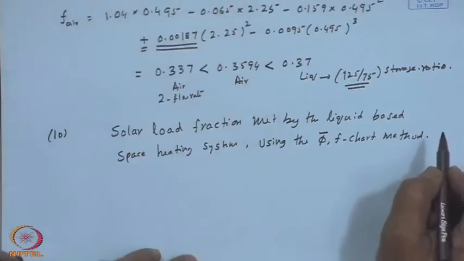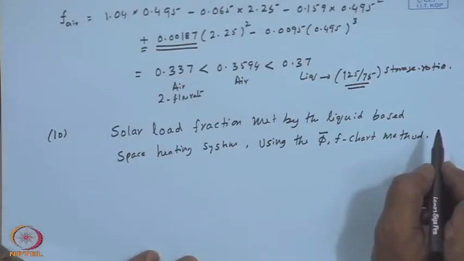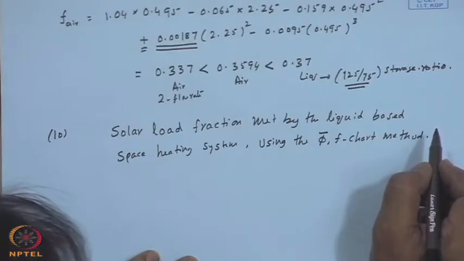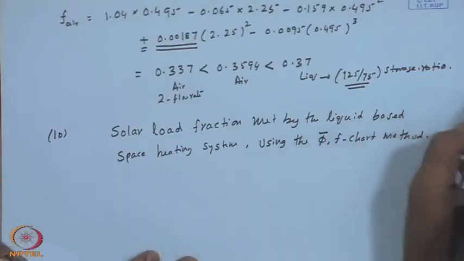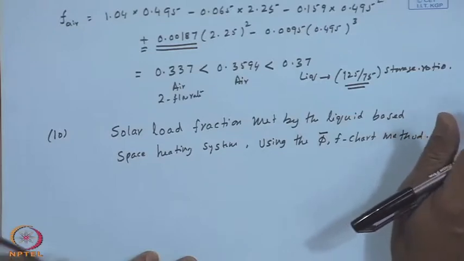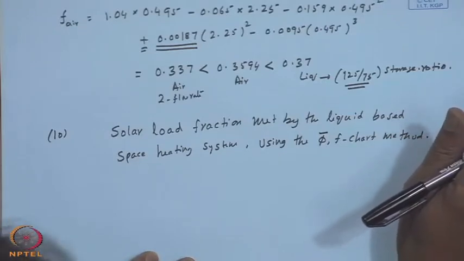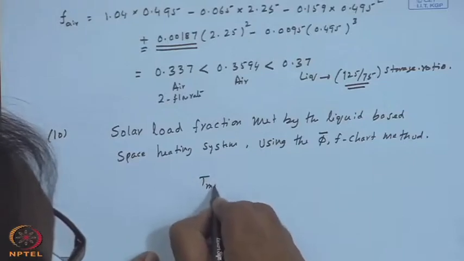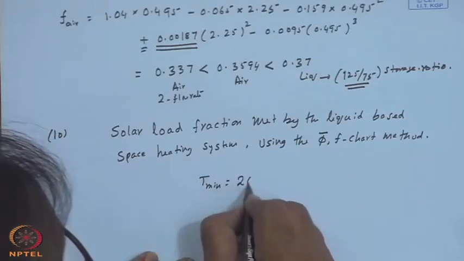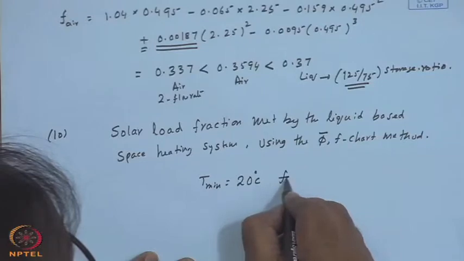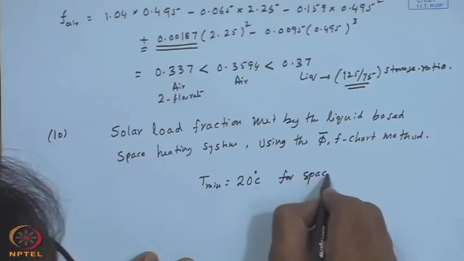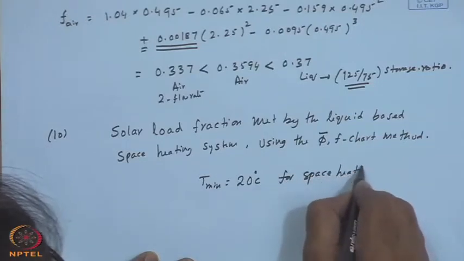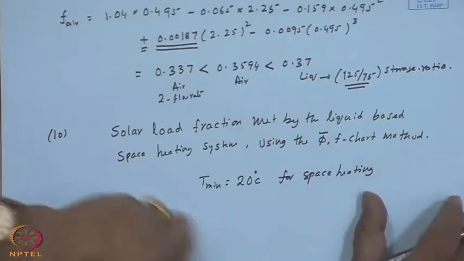Now, this is a surprising thing. What I have in my mind, phi bar F chart is general irrespective of the system details. T minimum can be specified. I may have a load heat exchanger etc., but if I use the phi bar F chart method and consider T minimum equal to 20 degrees C for space heating, how will this perform?